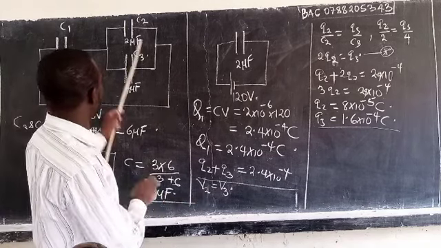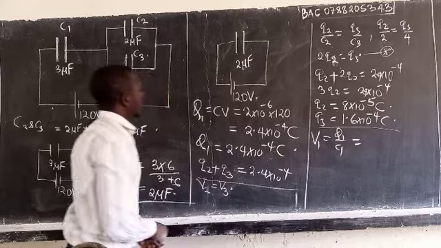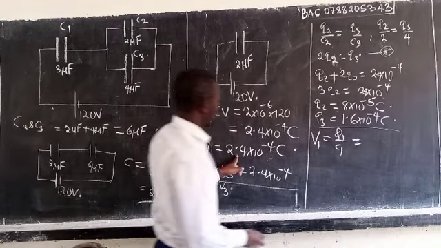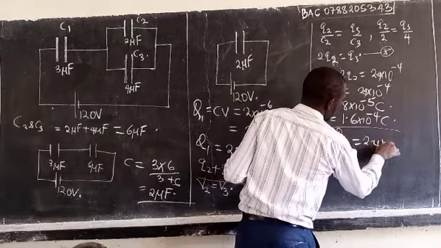Okay? So we can now say that the PD across each of them, for example, we can begin with this 3 microfarad capacitor. V, we can call it V1 since it was C1. So what is V1? V is Q over C. So it's Q1 out of C1. And that one becomes 2.4 exponent -4. Then the C1 is 3 exponent -6.